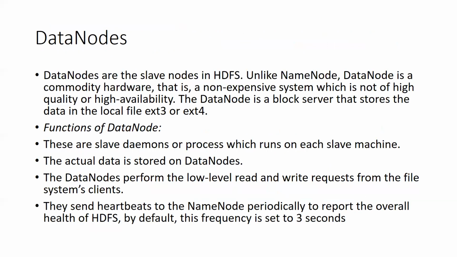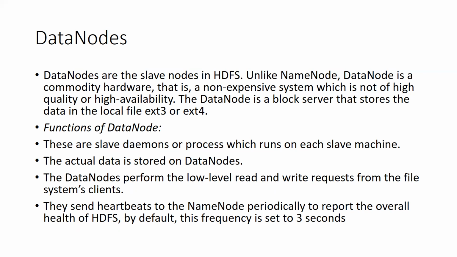The data node is actually a slave node. They run on each machine. Actual data is stored in data nodes. The data nodes perform the low level read and write requests from the file system's clients. They send heartbeats to the name node periodically to report the overall health of HDFS.